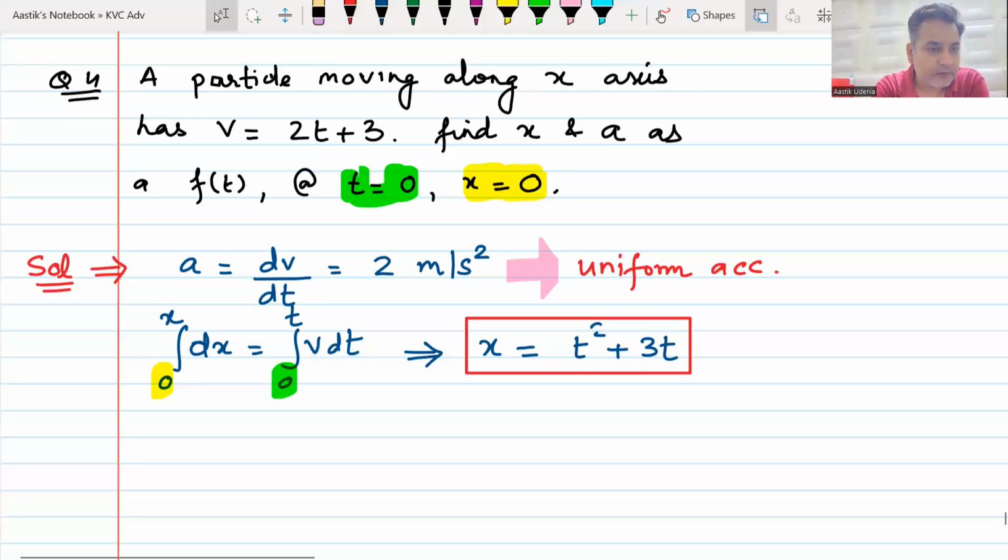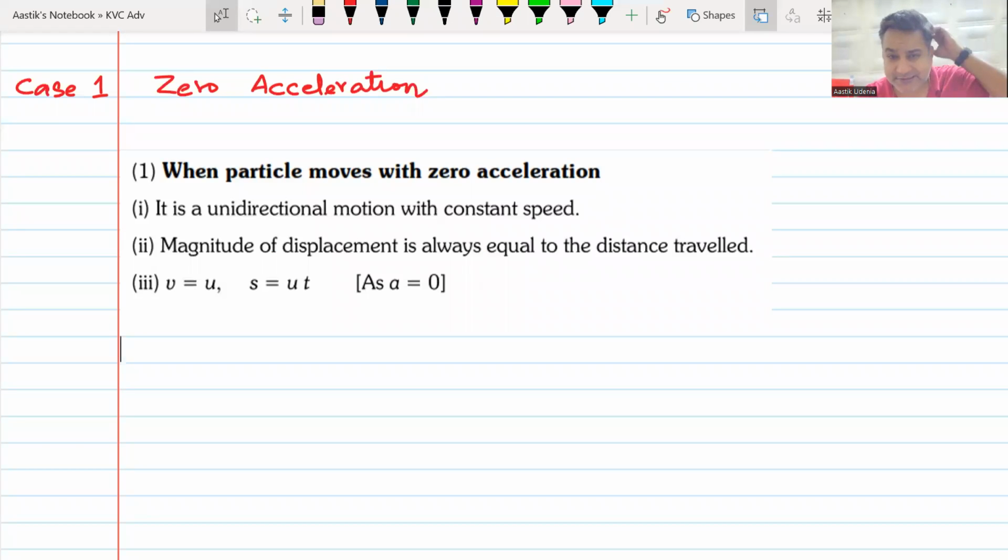Yes, sir, we can. Okay, so the first case that we are going to deal with is the simplest possible of them all, and that is the case of a particle moving with zero acceleration. The acceleration of the particle is zero.